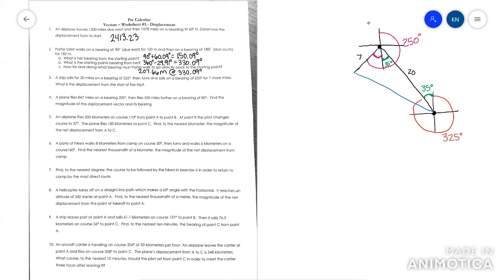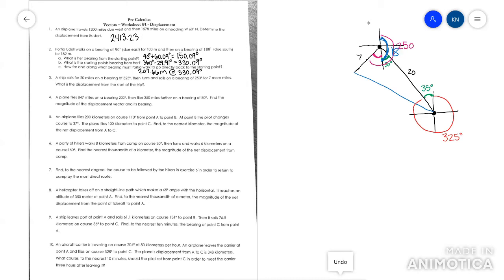So if this total thing was 250, I could break it up into blue, which is 180 of that, and then this other pink portion would just be 250 minus 180, which is 70 degrees.